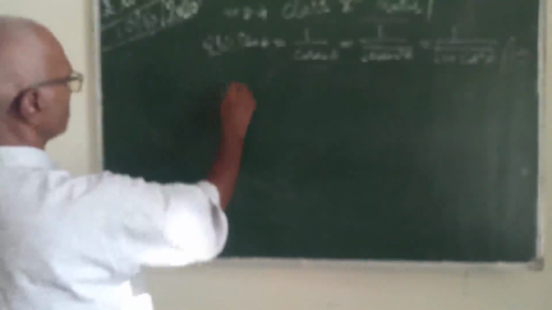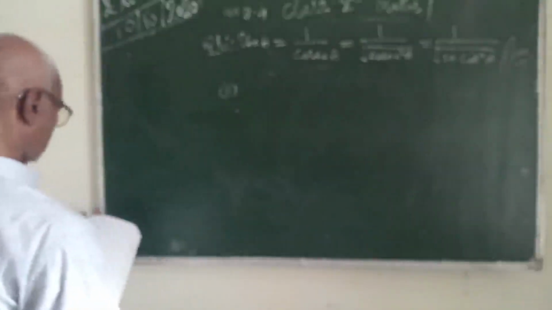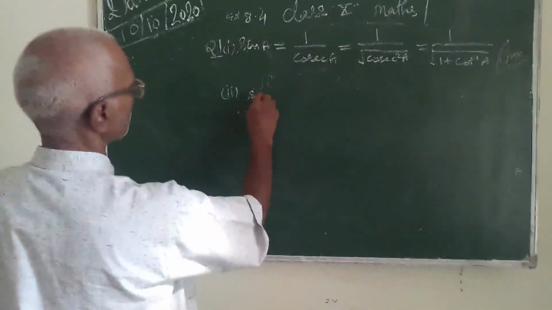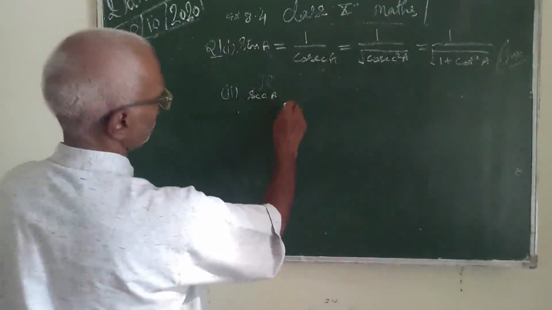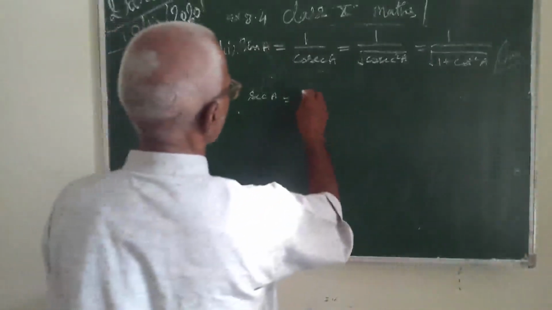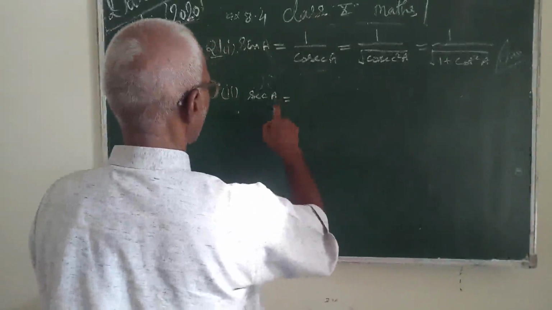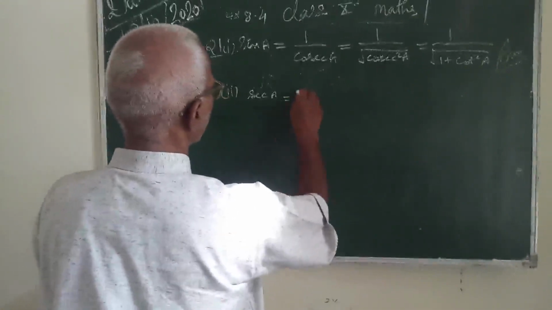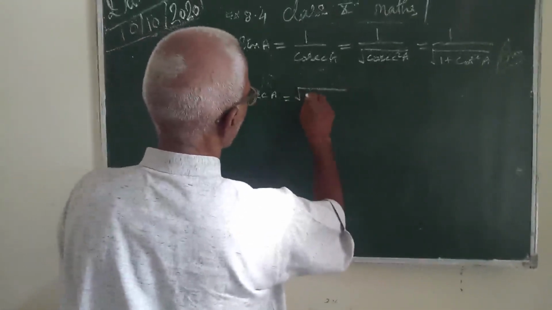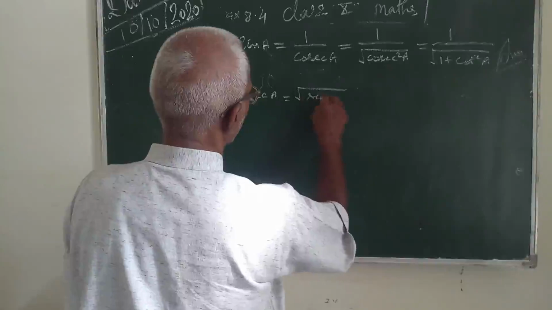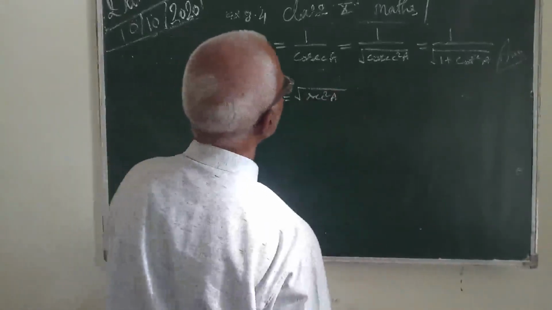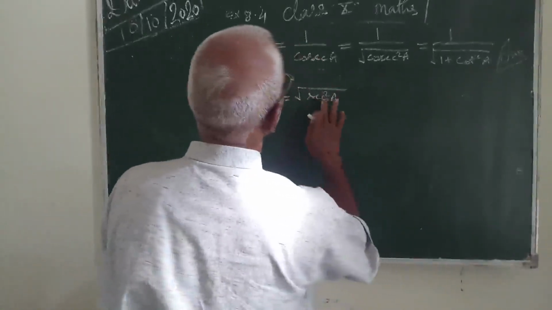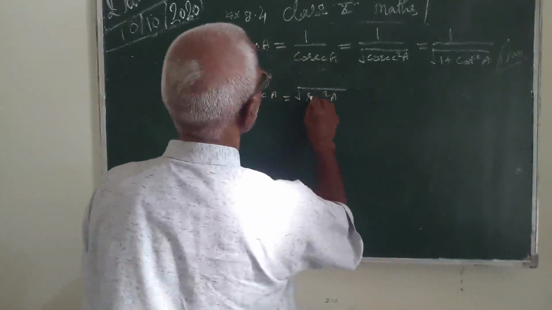The second part of this is sec A. Sec is the opposite of cos. So sec can be written as root of sec square A. And what is sec square A?